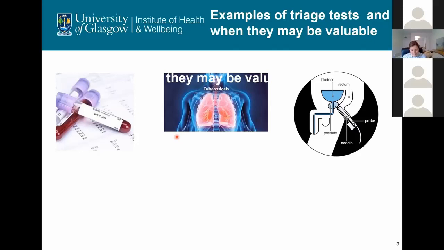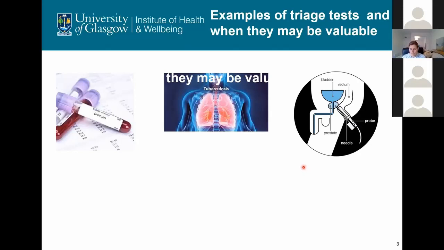TB has difficult samples, and you also need lab facilities and time to culture the sample. So there, a triage test might be very useful to cut down the time that was required or to deal with those difficult samples.